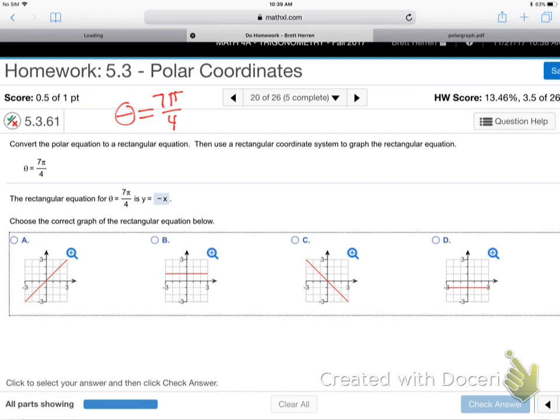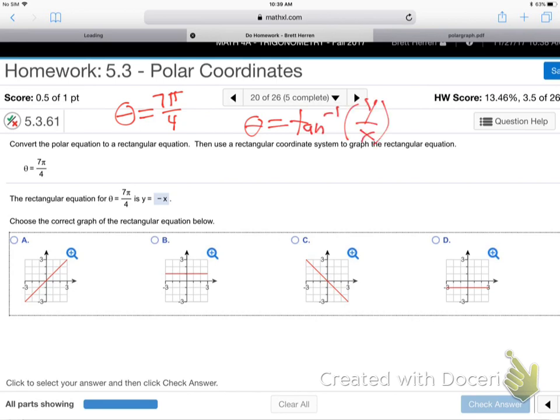Yeah, theta is tangent inverse. Remember what we've learned about theta? It's tangent inverse of y over x. So theta is tangent inverse of y over x, right?